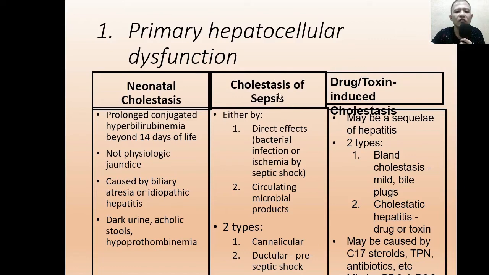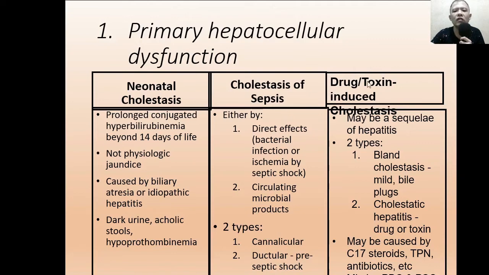Next you have cholestasis of sepsis. Even infection can cause ischemia in the liver and septic shock, thus retention of the bilirubin. There are two types, canalicular and ductular. Ductular is the more dangerous one.